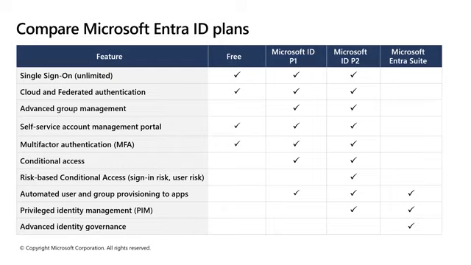If you're looking to manage privileged identity management and identity governance, then you might even need to look into Entra Suite. Now, this is a very quick overview of how some of the features may look. However, let's jump onto a quick link to look at some of these in a bit more detail.